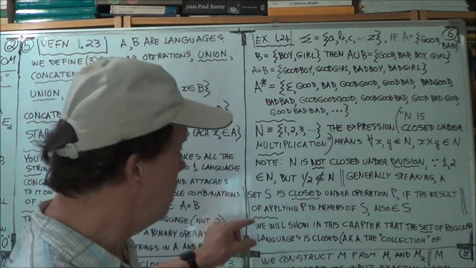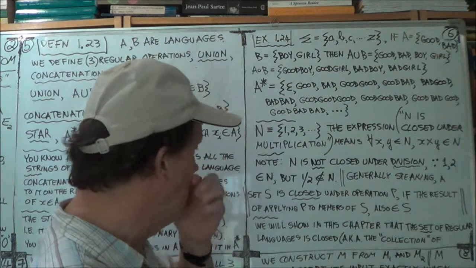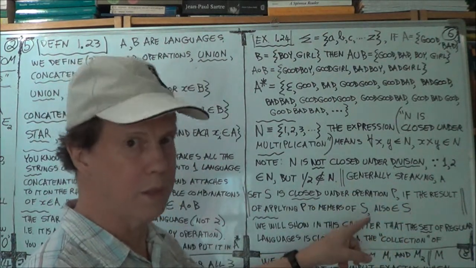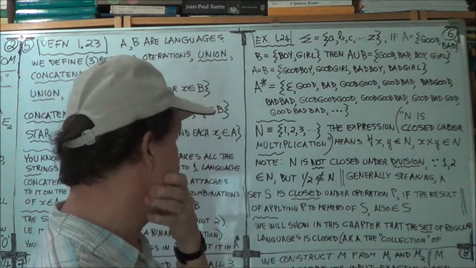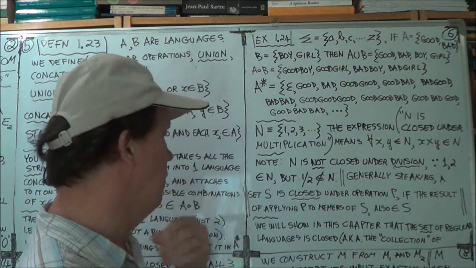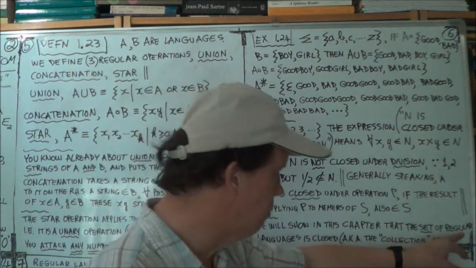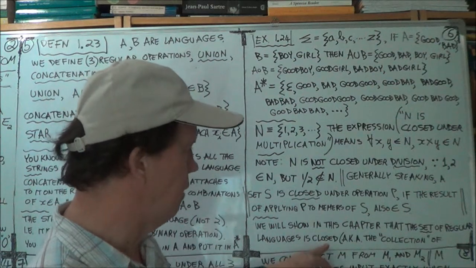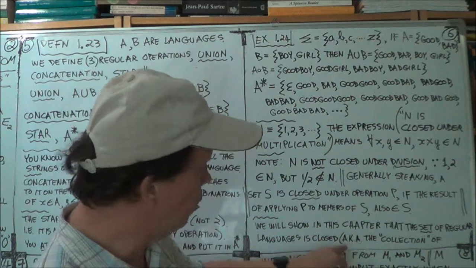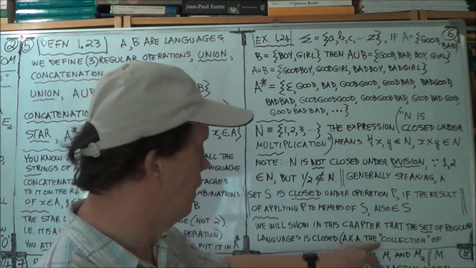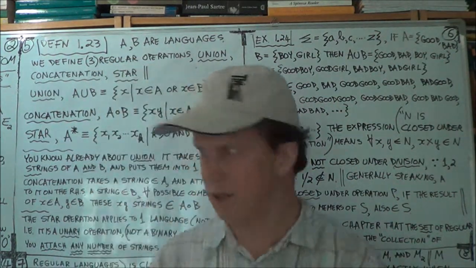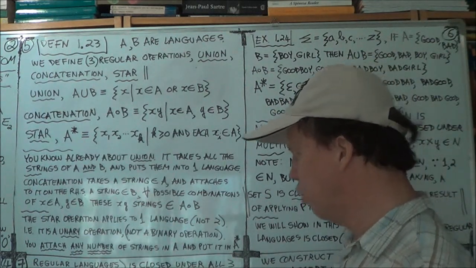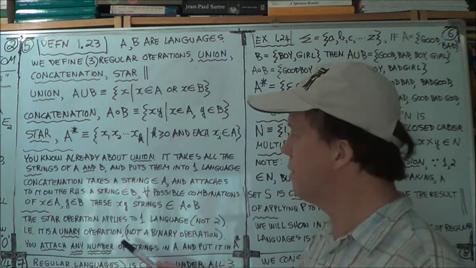So in this chapter, 70 pages of it, we will actually prove, bit by bit, it'll take a while because it gets fairly heavy, that the regular languages, that set, also known as, synonymous, collection, the collection of regular languages is closed under all three of the regular operations.